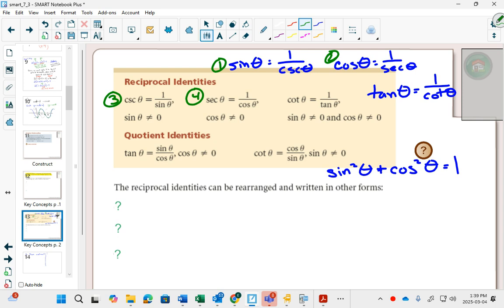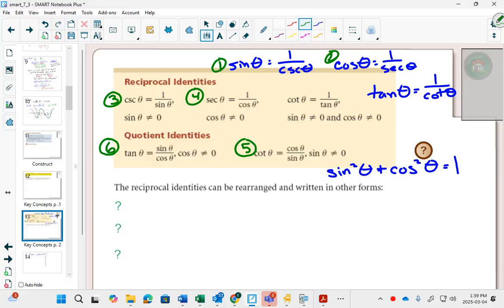Cotangent, I have 2 choices. But if I use this one, it changes to cos and sine. And tangent, I have 2 choices. I can change it to 1 over cotangent, or I can change it to sine theta over cos theta. So this means every single trig function, if you want to, you could change to sine theta or cos theta.